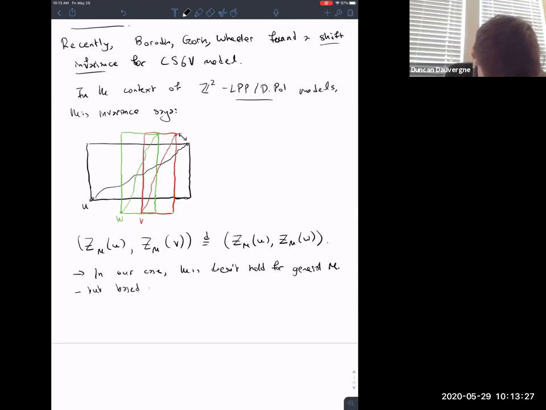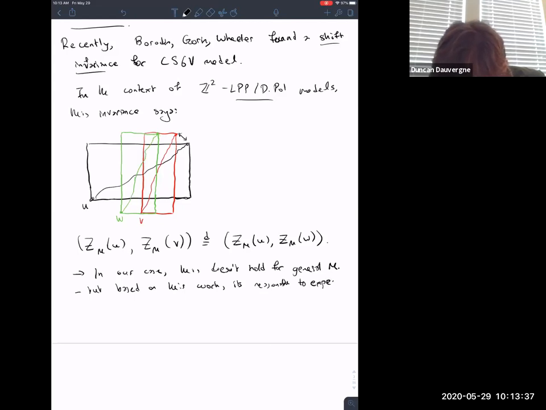But based on their work, it's reasonable to expect shift invariance for certain integrable choices of the environment.